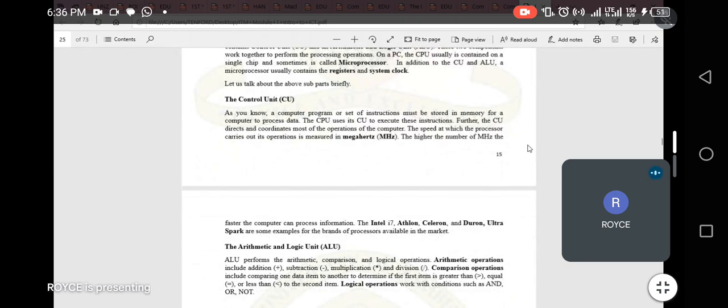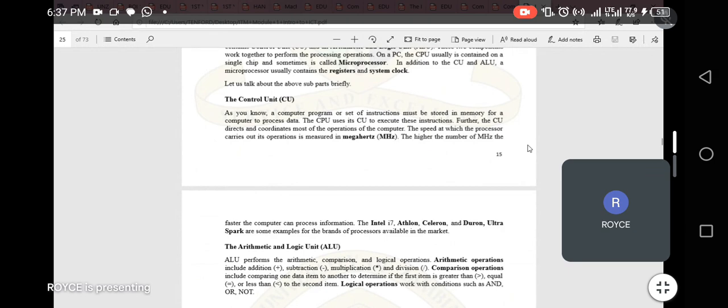Like we said, a computer program is a set of instructions, and they must be stored in the memory for a computer to be able to process them. The central processing unit uses the control unit to execute these instructions. The control unit is going to direct and coordinate the arithmetic logic unit on what exactly that program should do.